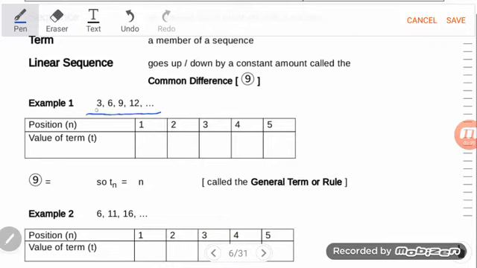Our first number, or position number 1, is 3. Our next number is 6. Our next number is 9. And then after that, it's 12. Okay, that's our first step. We've filled in our table as much as we can do.